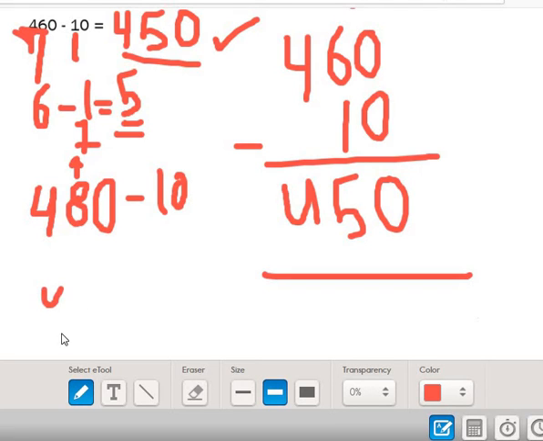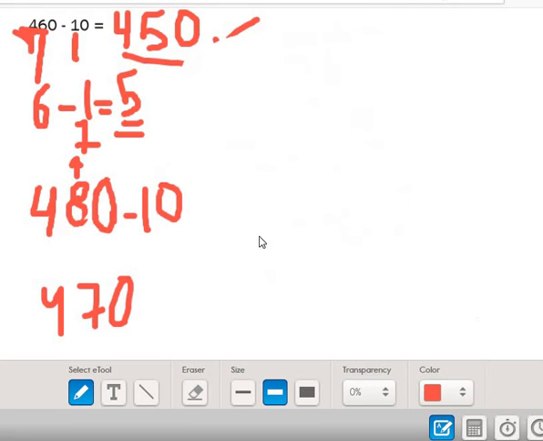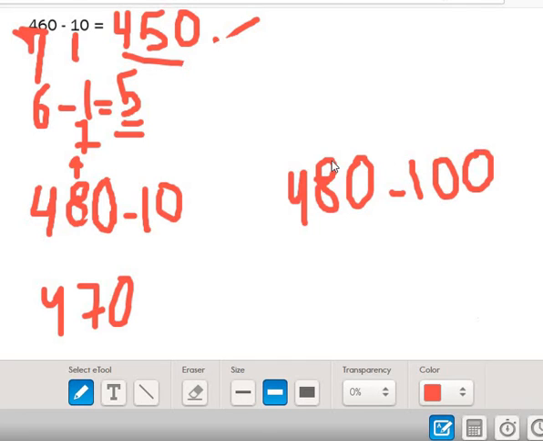So simply the answer is 470. But if we subtract 480 minus 100, we will look at the hundreds digit. We will say 4 minus 1 equals 3. So the answer is 380. Just as simple as this.